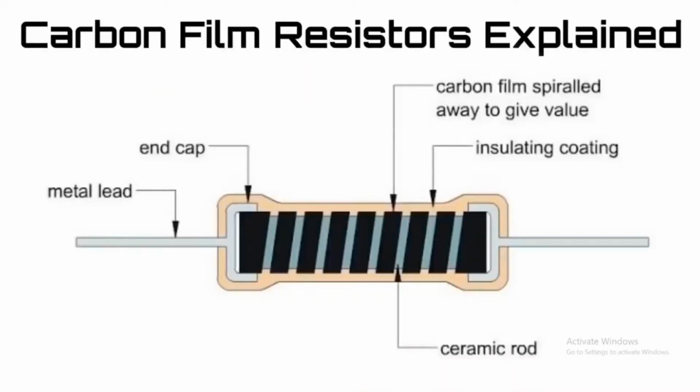This is the internal structure of the carbon film resistor. It also consists of two metal leads and a middle ceramic rod. There's a carbon film wrapped around it to produce the resistance. Carbon film resistors are used for protection of the circuits.